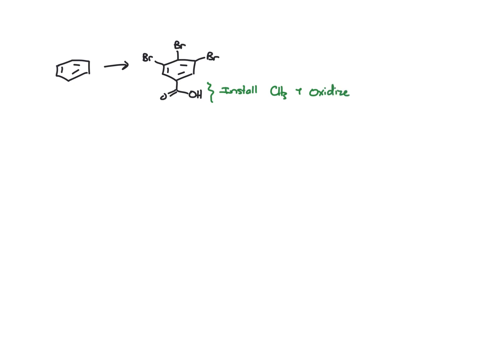But in order to do that, we're going to have to selectively install the CH3 at that position without getting the CH3 added at these ortho positions where the BRs are at.